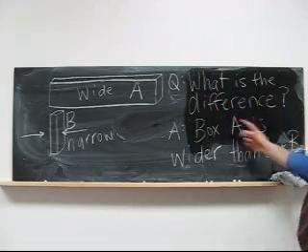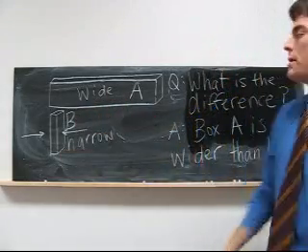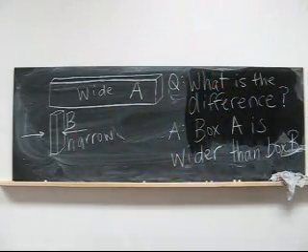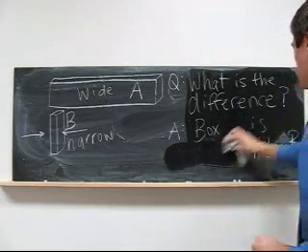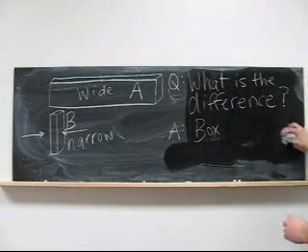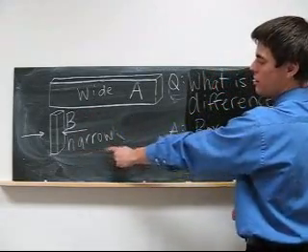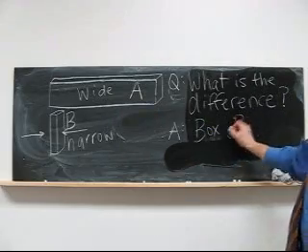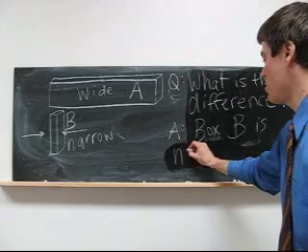So what's the difference between box A and B? Box A is wider than box B. Or box B is narrower than box A. Box B is narrow.